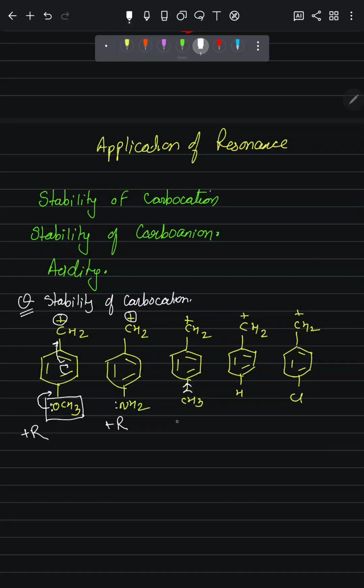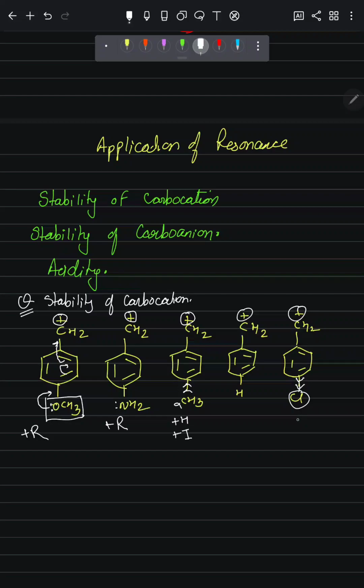So it only donates through plus H, hyperconjugation, because it has alpha carbon and alpha hydrogens present, so plus H and then plus I. So plus H and plus I are possible for the CH3 group for this carbocation, and this hydrogen will not affect anything, it is a neutral group. And the Cl group is an electron withdrawing group, so it will make this already poor carbocation even poorer.